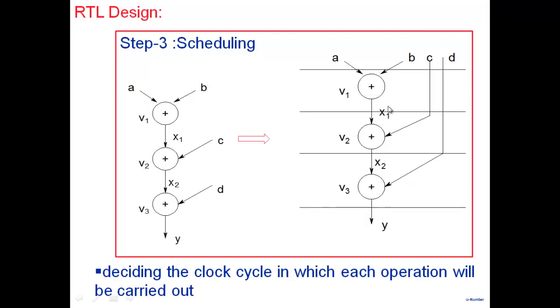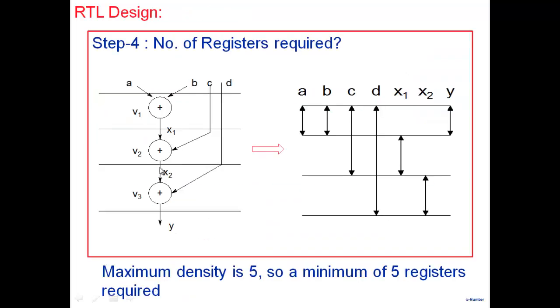Next, decide what state I'm going to carry out each operation in. Next, as a help towards deciding how many registers, construct a picture like this. Where are the variables used in which clock cycles? Decide a minimum number if you want.